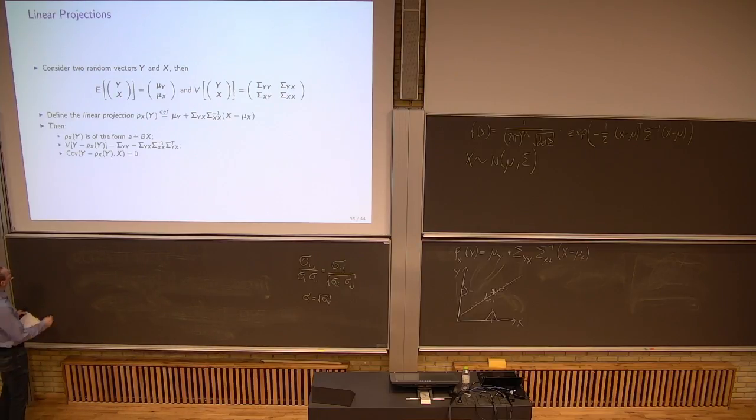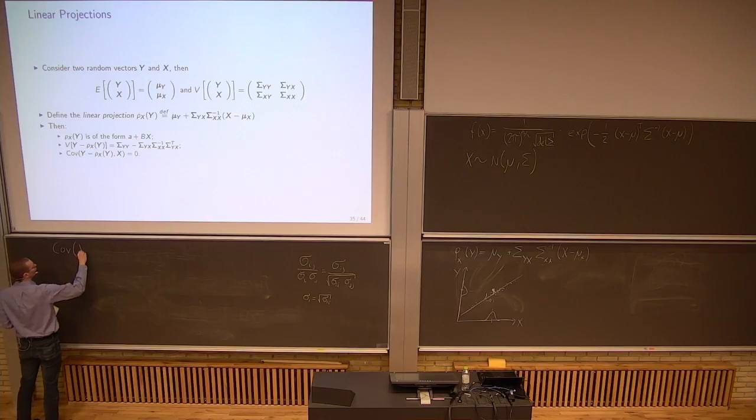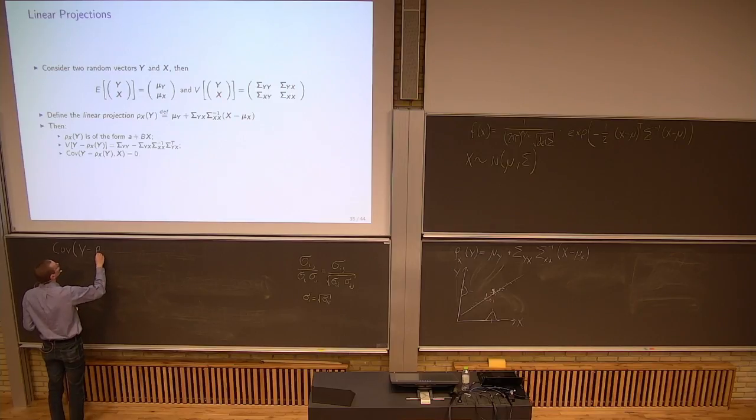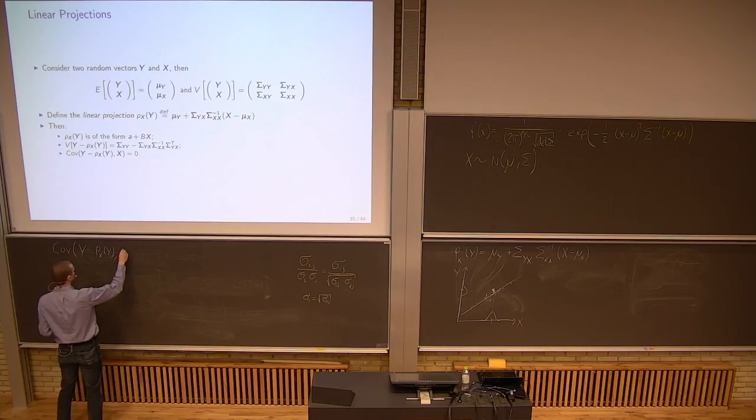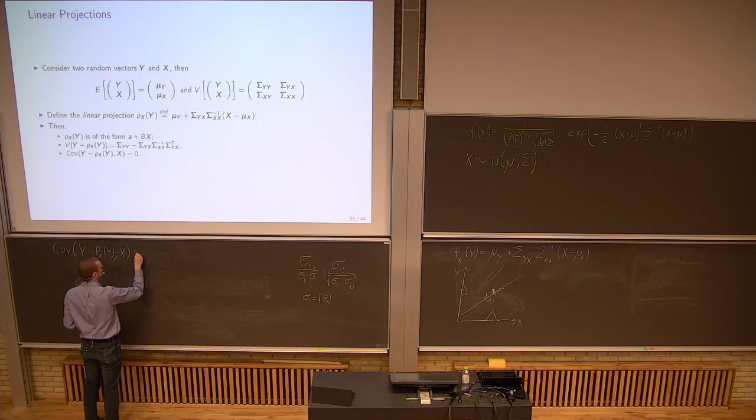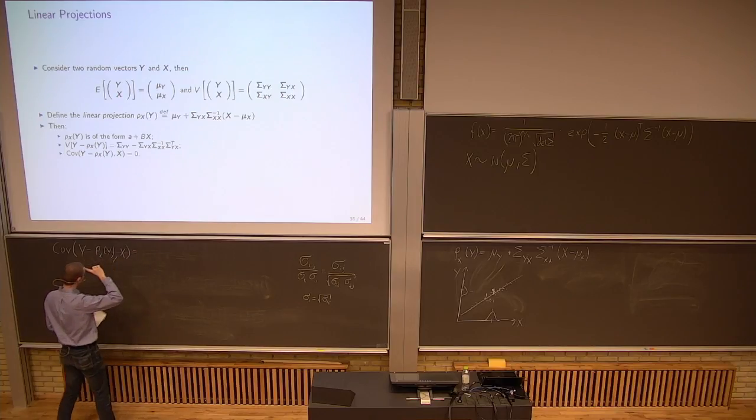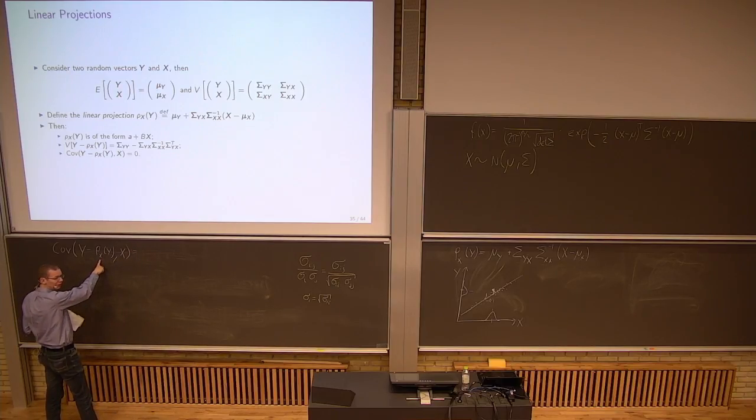So if we look at the covariance of y minus rho x of y, comma x, what do we get? First, let's just plug in the projection here.